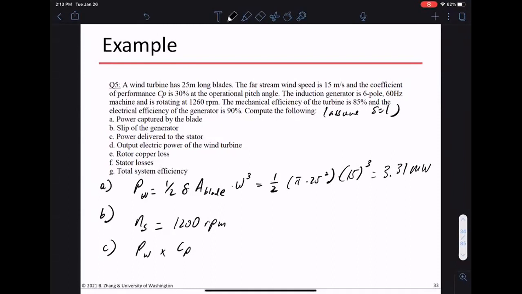This gives us the power to the rotor. This multiplied by the mechanical efficiency is the developed power.